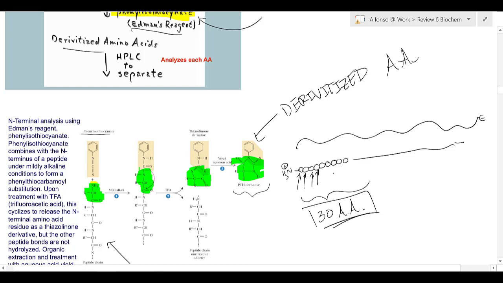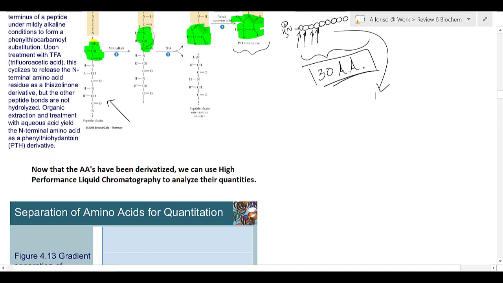Let me draw this right here and I'll show you. So this is the structure of a polypeptide chain. This would be the N-terminus. And this goes on and on and on, because it's a polypeptide chain, so it can go on forever.